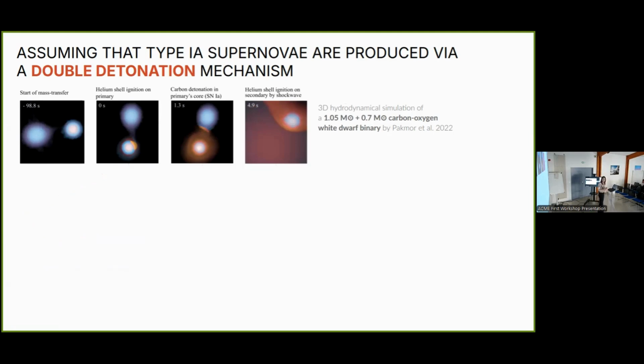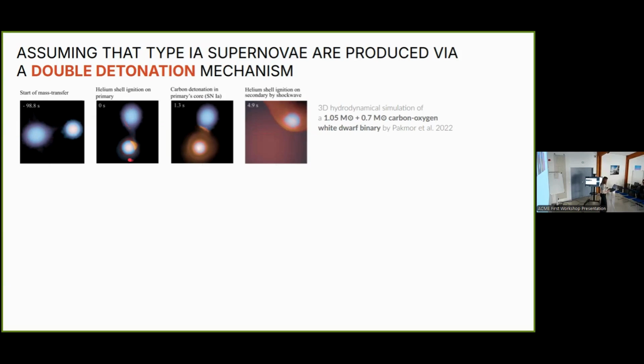And what happens is that we are now looking at snapshots from a 3D hydro simulation of a 1 plus 0.7 solar mass carbon-oxygen white dwarf binary. So here we are 10 seconds away from the type Ia explosion. And the secondary, which is this fluffier white dwarf, starts transferring mass onto the primary.